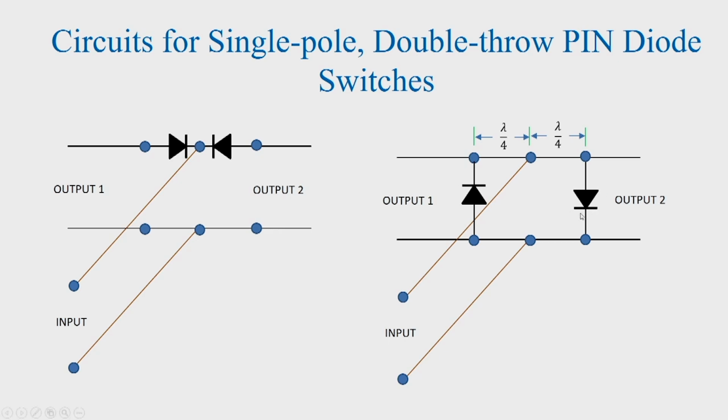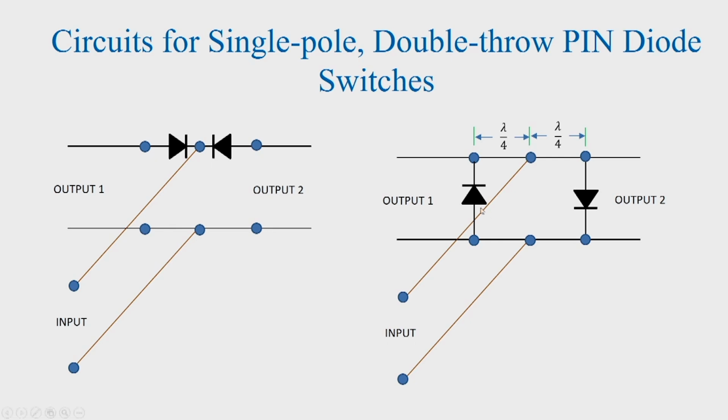When this diode is on, its impedance is very low. So, ideally it is a short circuit, and this lambda by 4 section will transform it to an open circuit at this junction, and therefore, signal will flow from input to output port 1 and no signal will flow in output port 2.